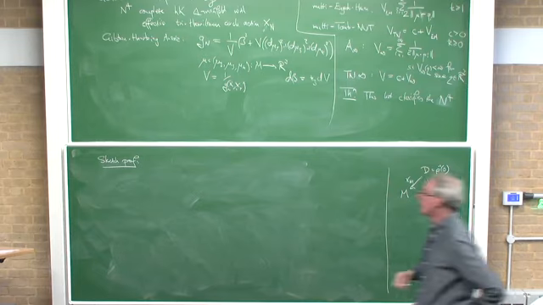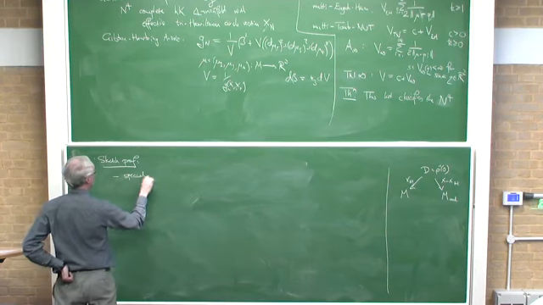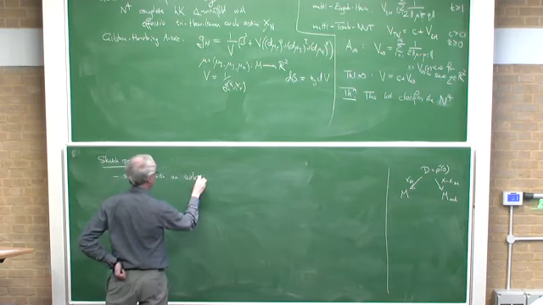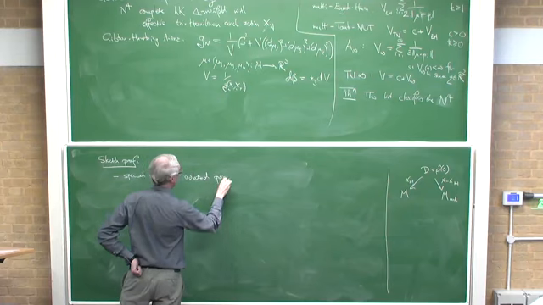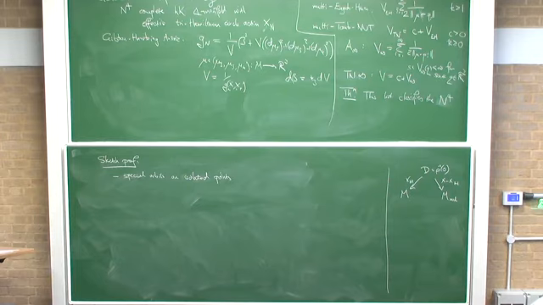So special orbits are isolated points. This is also something that's very nice about the four-dimensional case. You don't get any orbits where the stabilizer is a Z_k or something like that.